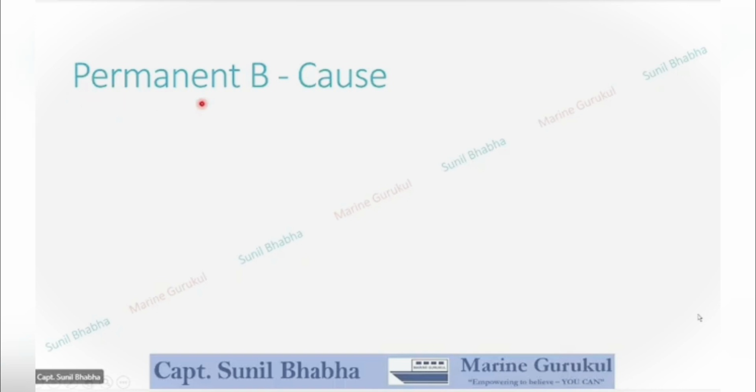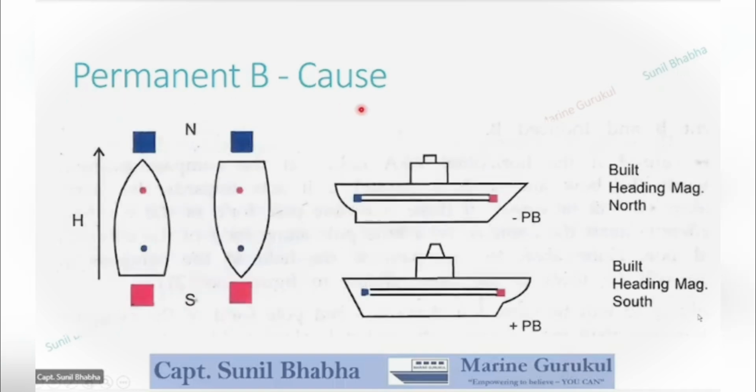Let's now see the cause of permanent B on a ship. Now we are aware, concentrate your attention to the diagram, first diagram on the left hand side where the laser pointer is right now. Let's assume that this ship is being built in the yard on a northerly heading.